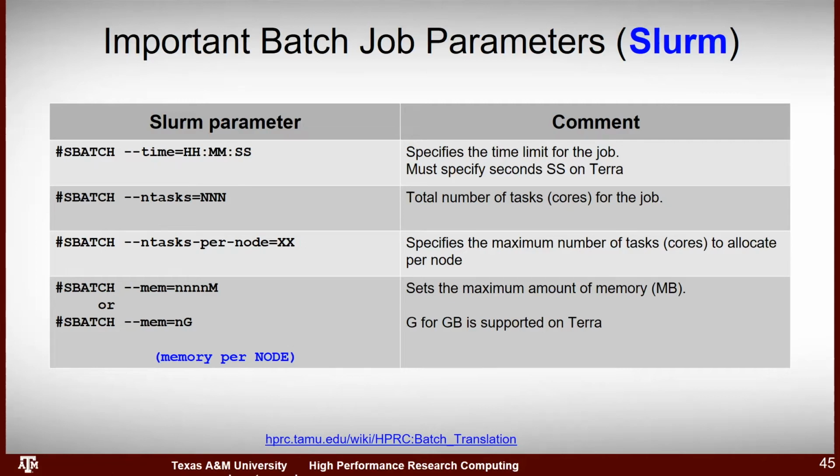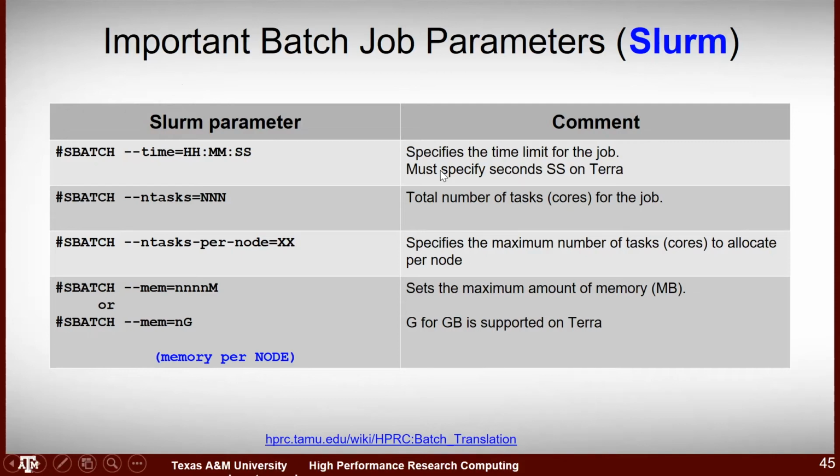The time parameter is mainly used for getting into the short queue, because if you put a time of less than 2 hours, you get to get in the short queue. Otherwise, how long your job actually runs for determines your service units. This only determines when it gets killed because it ran too long. Okay, any questions about that?